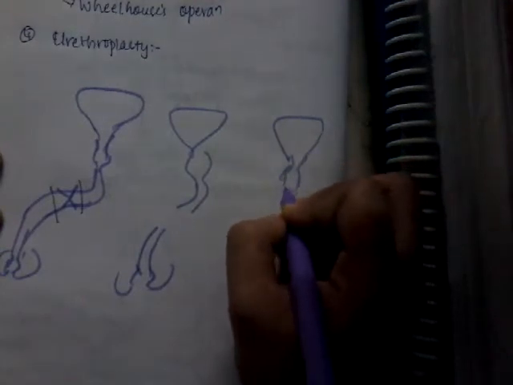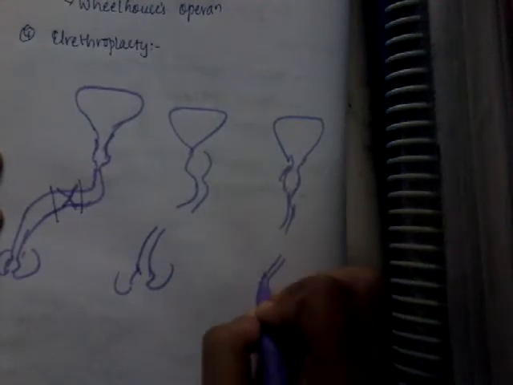Okay, we have removed the stricture. This is what is there after removal. And then we use prepuceal skin or scrotal skin to reconstruct the urethra.